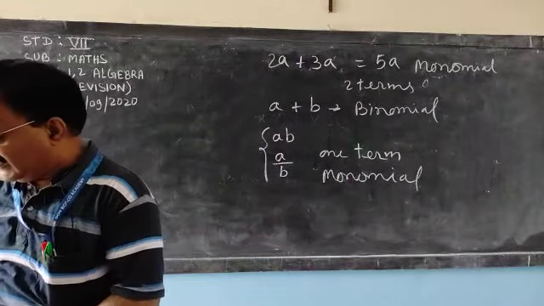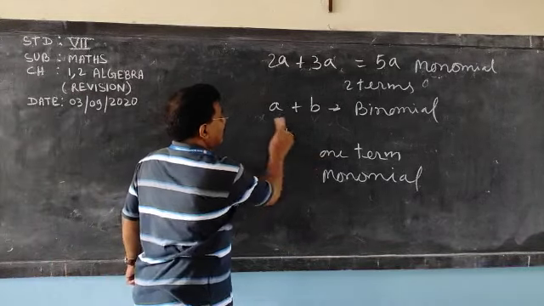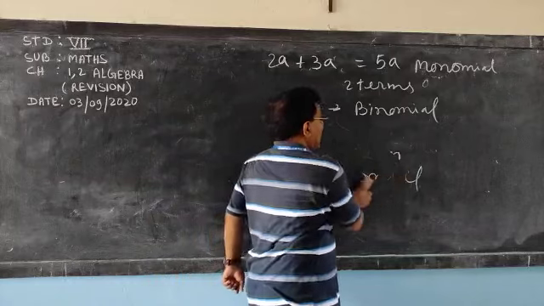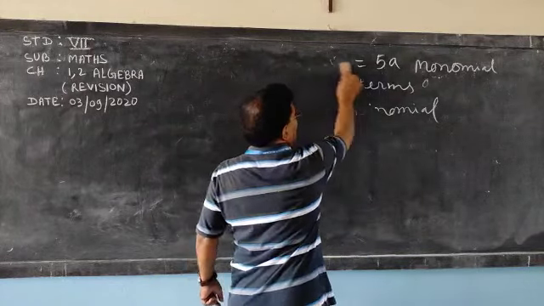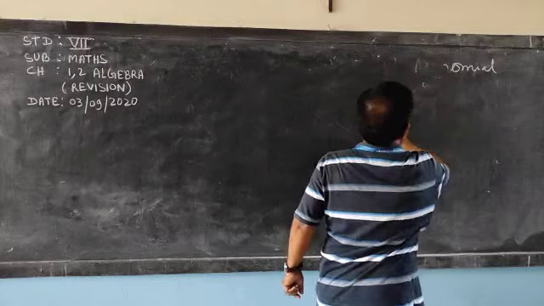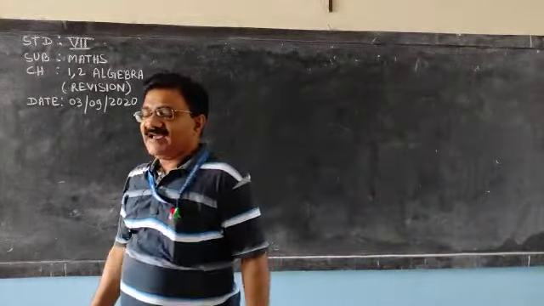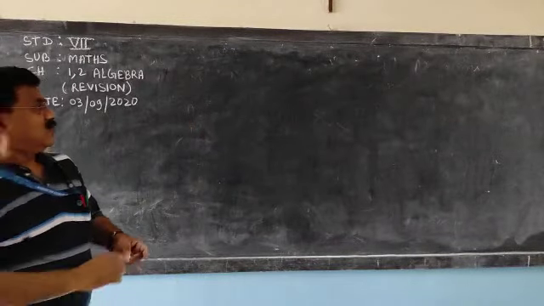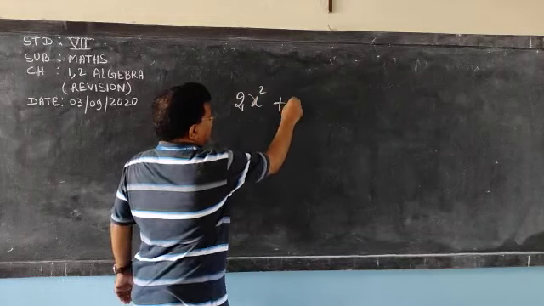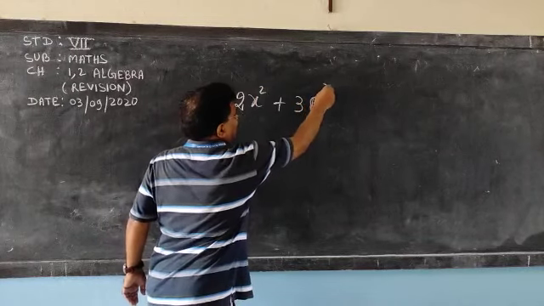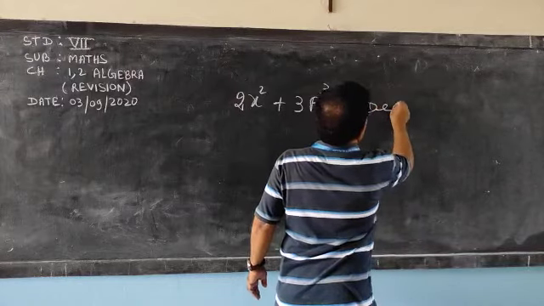Next, degree. What is the degree of a polynomial? Highest power of the variable. Highest power of the variable is called the degree. Suppose I am writing 2x square plus 3p cube and asking to find the degree.